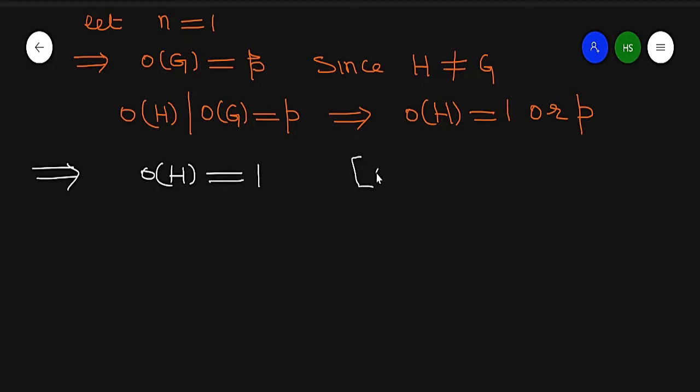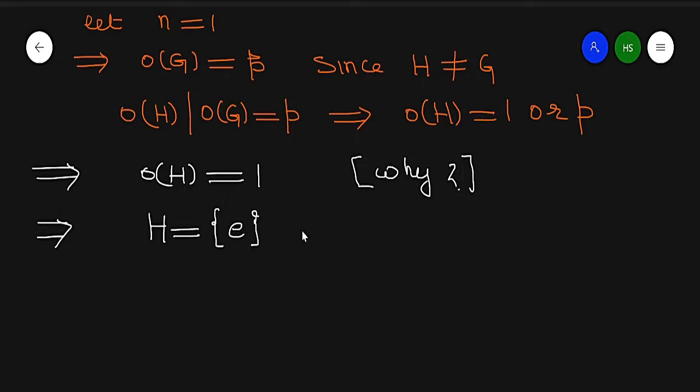Why? What is the reason? The reason is H is not equal to G. So that's why H is the identity, meaning H consists of only one element, which is the identity element.